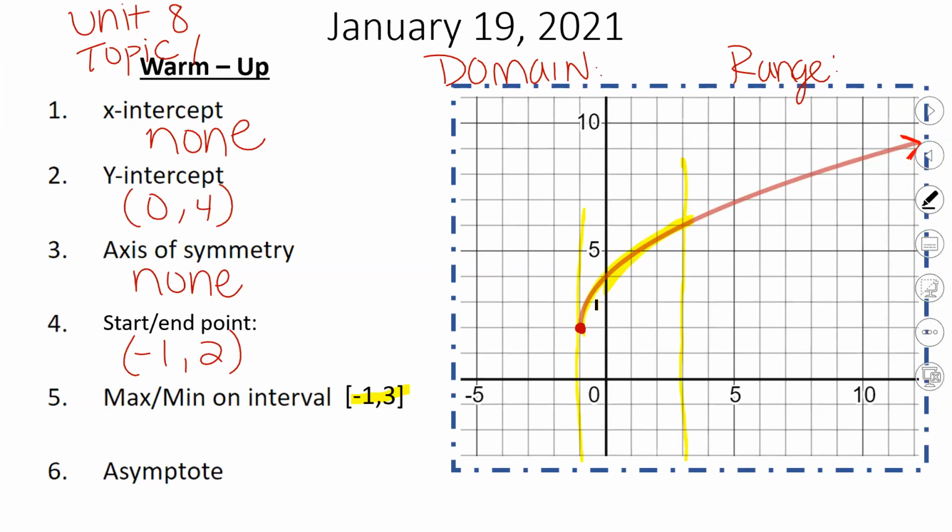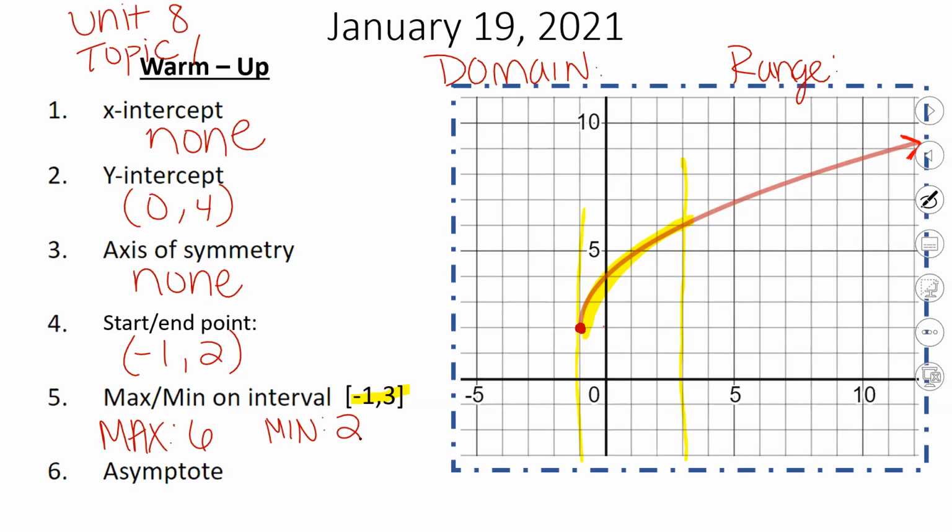So in between those lines, what is the highest point? The max is 6. That's the highest my graph can go. What's the minimum? The minimum is 2. That's the lowest my graph goes, between those lines.